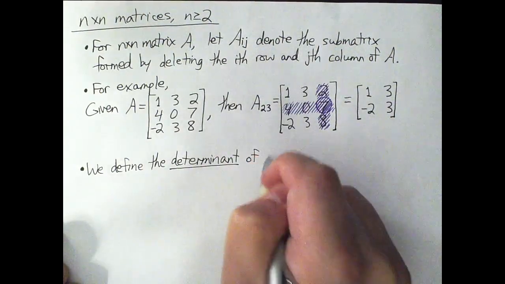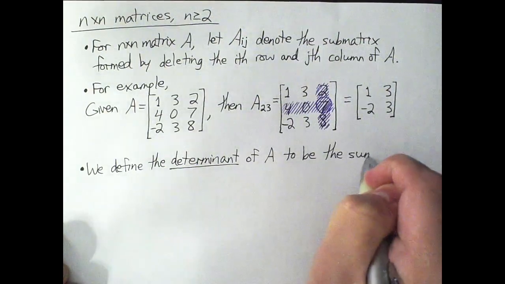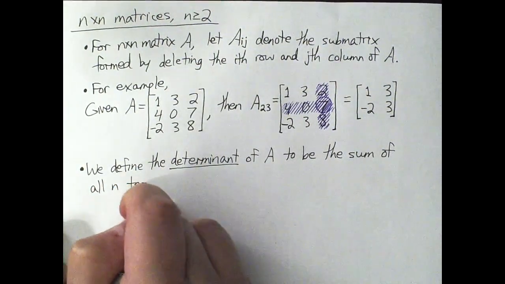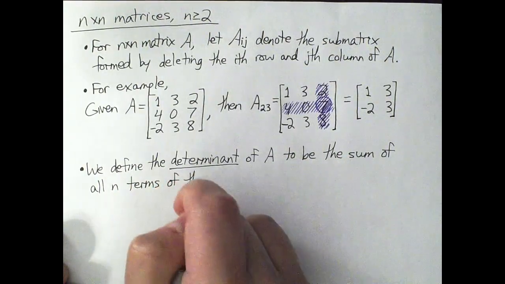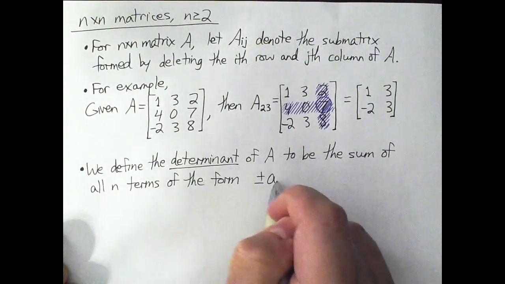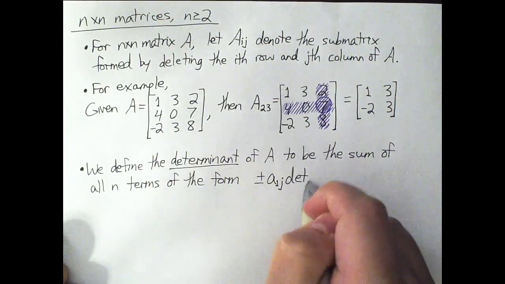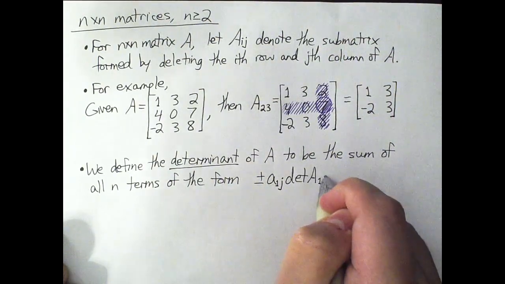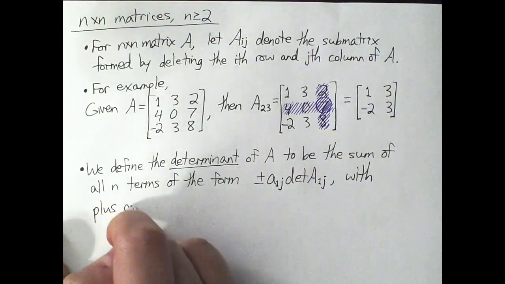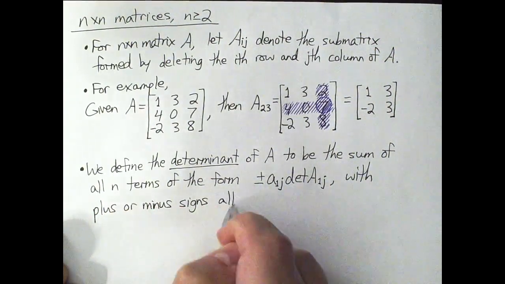We define the determinant of A to be the sum of all n terms of the form plus or minus A1j determinant A1j, with plus or minus signs alternating.